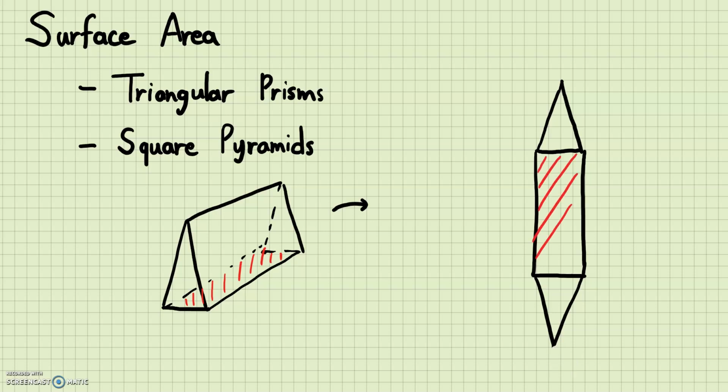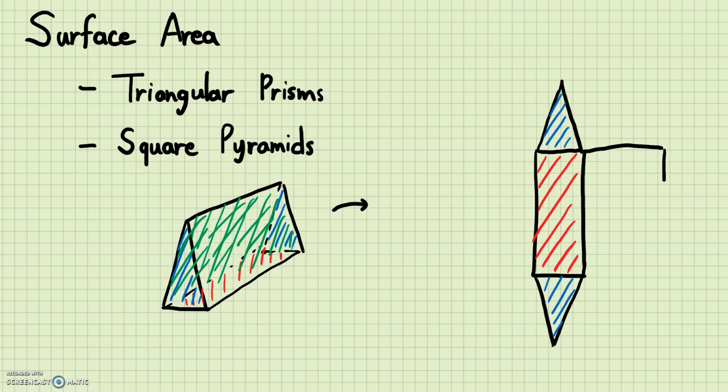I'll color the two triangles blue. We also have the side rectangles on this side, on the right side, and also on the back side. I'll draw those here. It's going to be something like this.